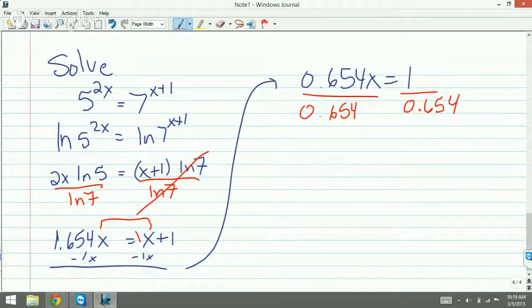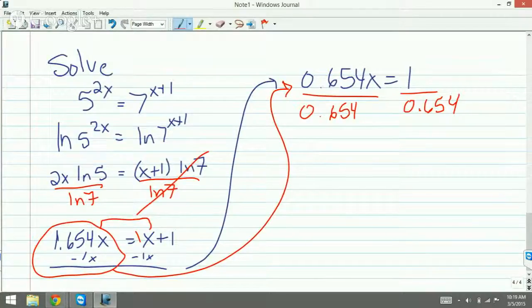So 1.654 minus 1 is 0.654x. Now those are multiplied, so we take the inverse and divide. What does x equal?